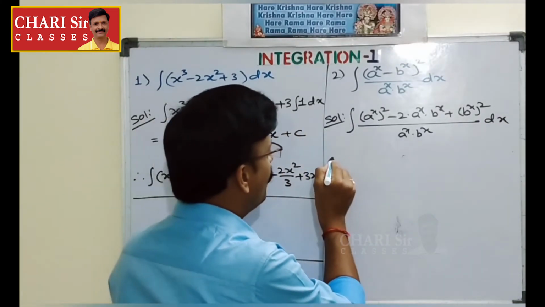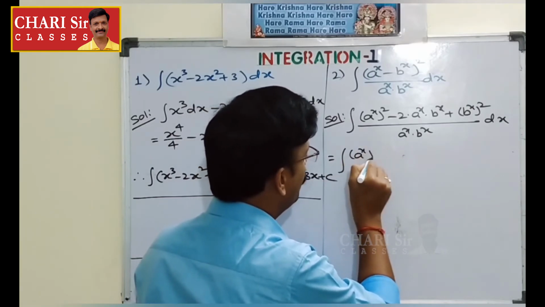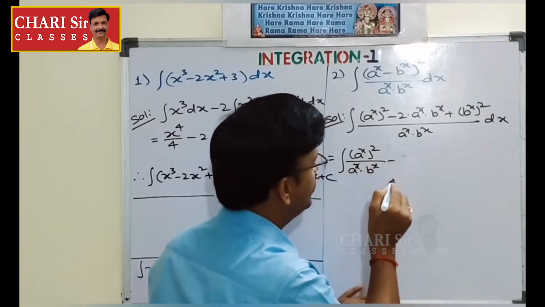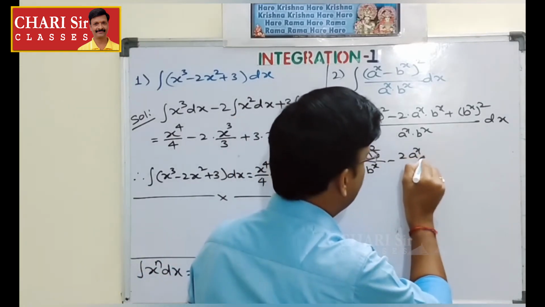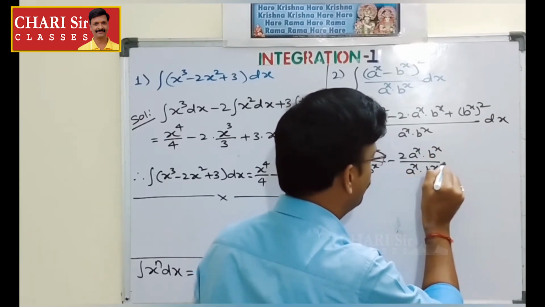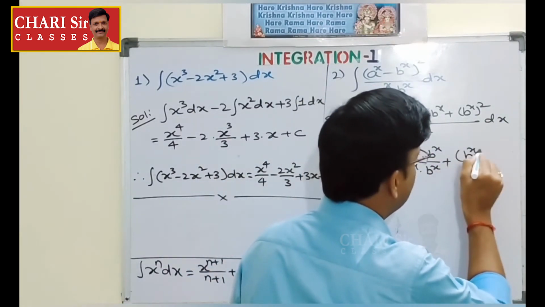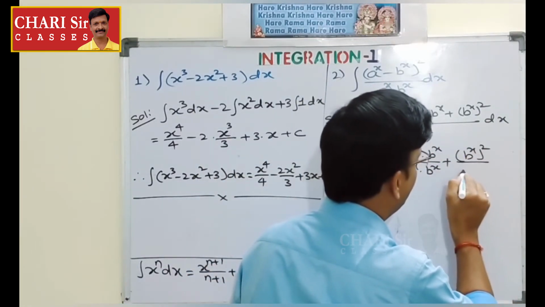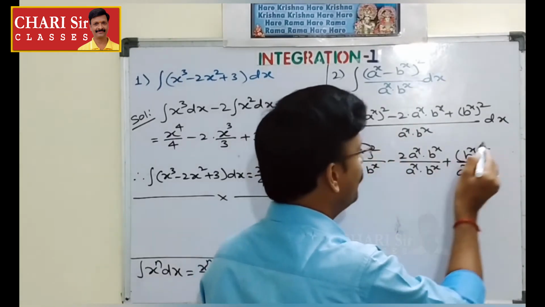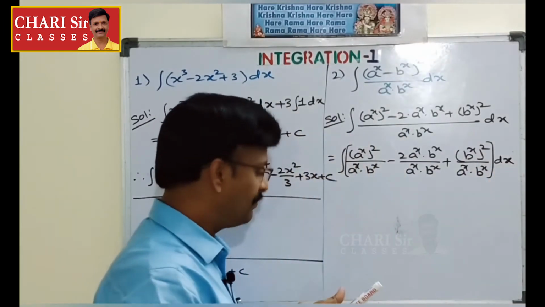Now we divide all the terms by a power x b power x, that is (a power x) whole square by a power x into b power x, minus 2 a power x into b power x divided by a to the power of x and b to the power of x, plus (b to the power of x) whole square by a power x into b power x. For this completely we can put the dx sign. Now we simplify here.